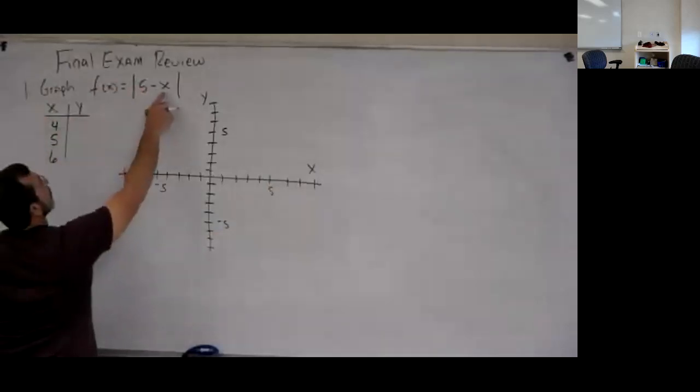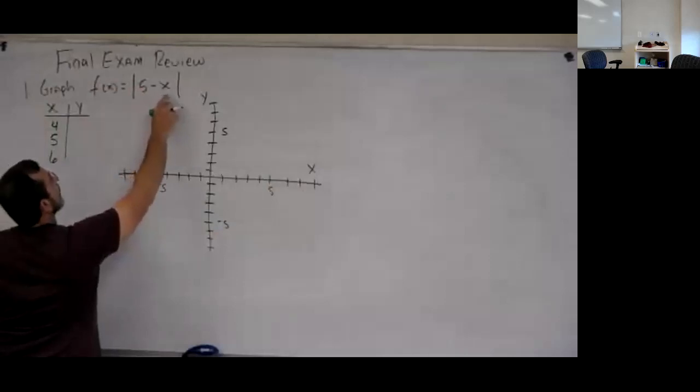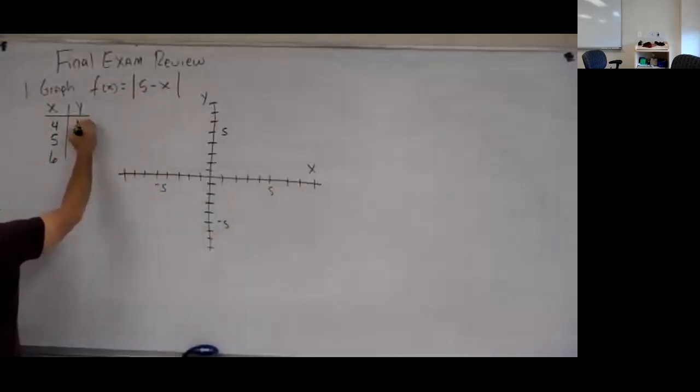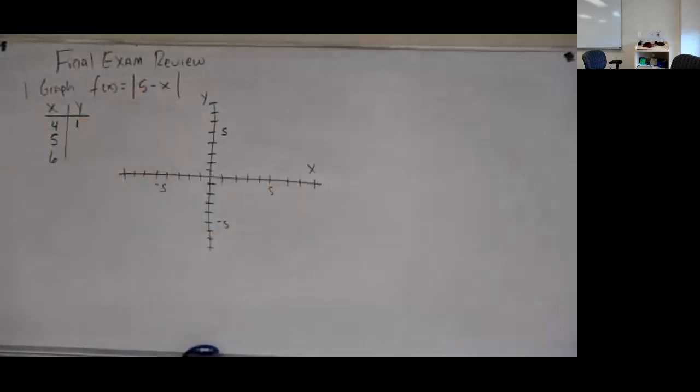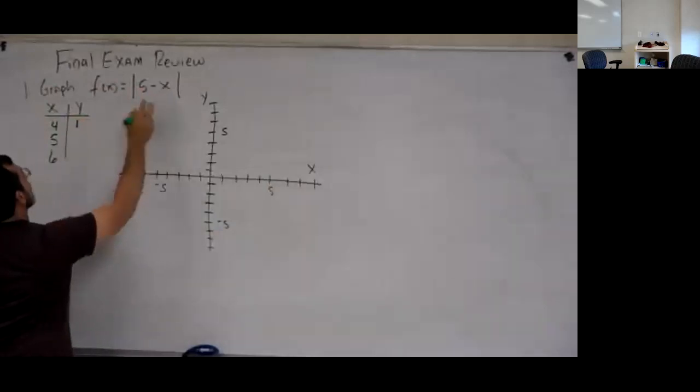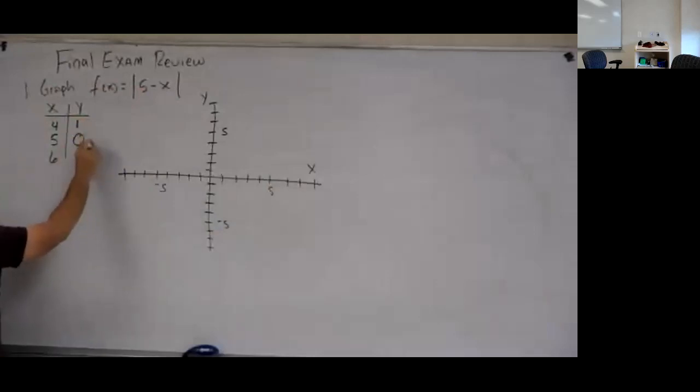So let's put in a 4. 5 minus 4 is 1. Absolute value of 1 is 1. Just remember, anything that comes out of that absolute value has got to be positive, okay? Put a 5 in there. 5 minus 5 is 0. Absolute value of 0 is 0. And then if I put a 6 in there, 6 minus 5 is 1.